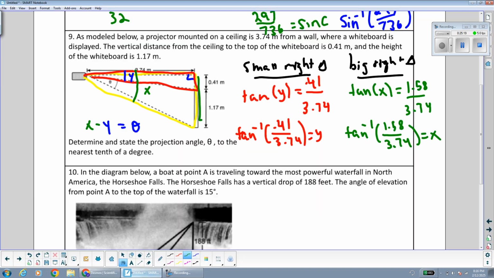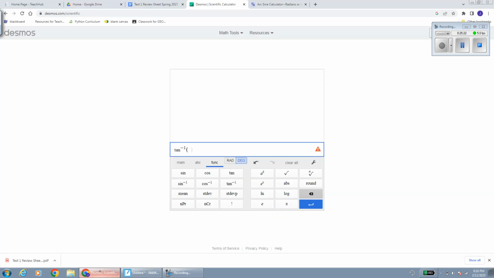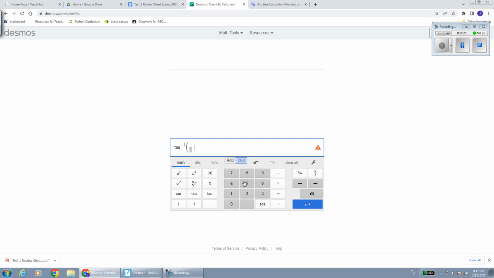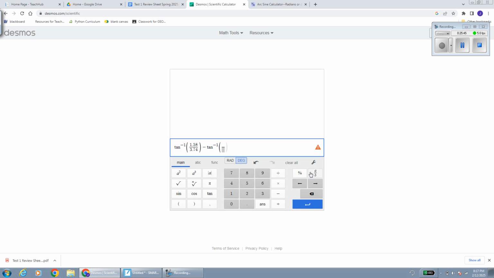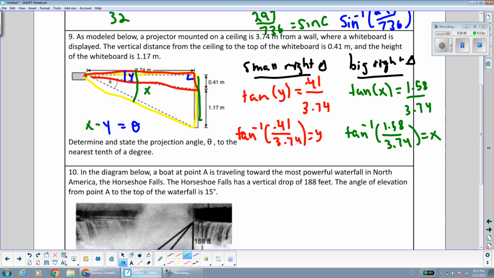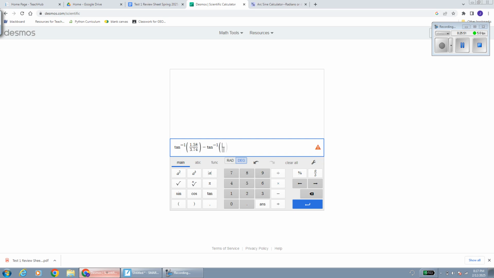So inverse tangent, I'm going to start with x, 1.58 over 3.74, minus inverse tangent, and the other one is 0.41. And that's about 16.7.